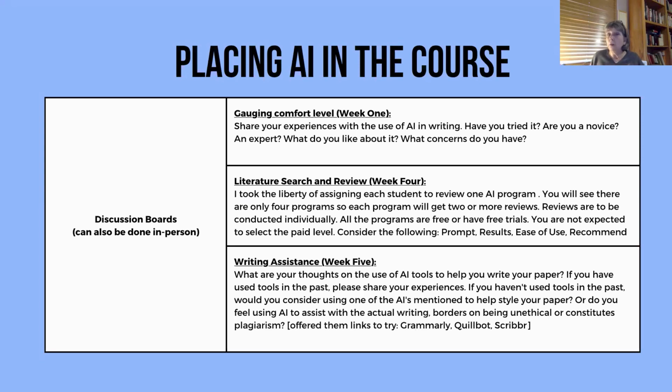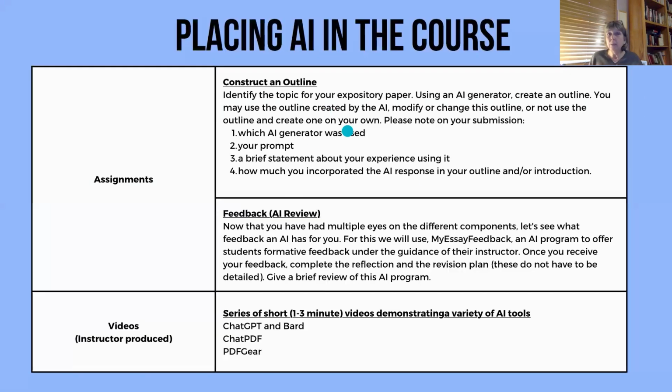And then I offered them the different AI tools that they could use if they wanted to: Grammarly, Quillbot, Scribr. Again, Emily was a tremendous help in getting me to this point of understanding what some of these tools can do. This was more of a discussion about their use of AI and getting them comfortable with AI.